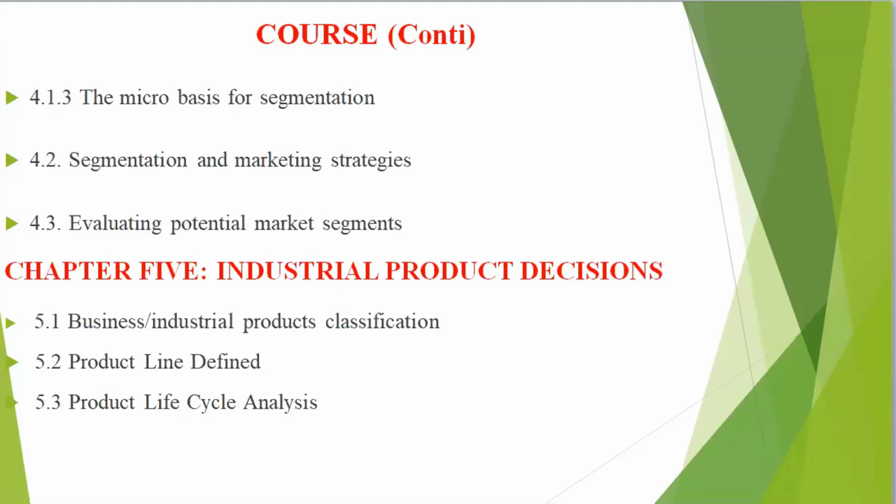Like if you produce detergent, it could be dry detergent, or it could be liquid detergent. Dry in the sense that you can't touch it. So this group of products could be a product line.